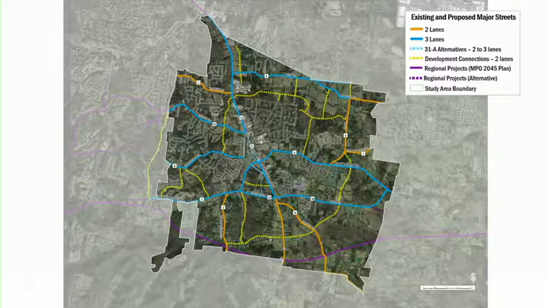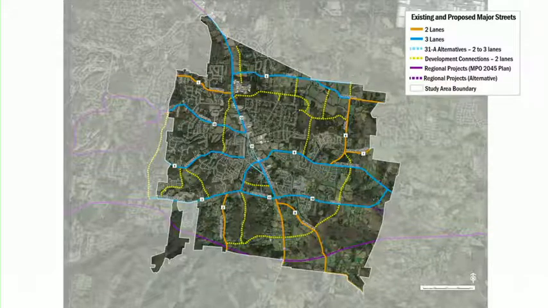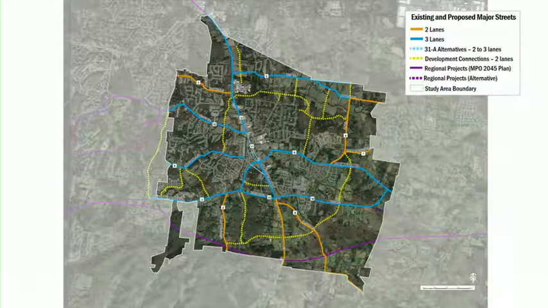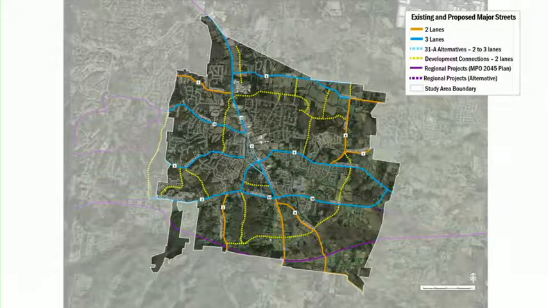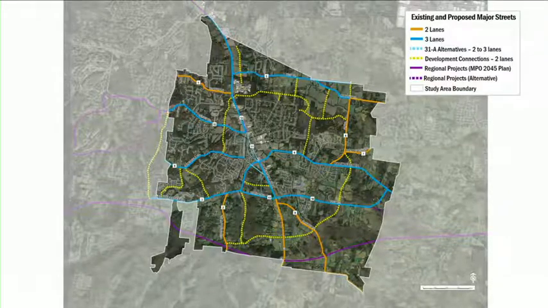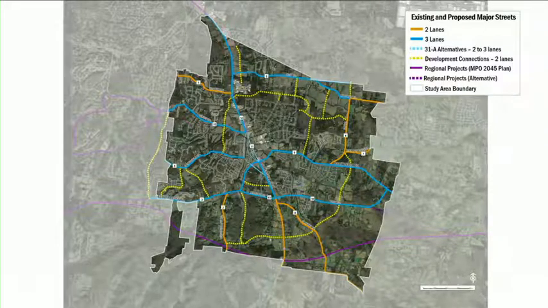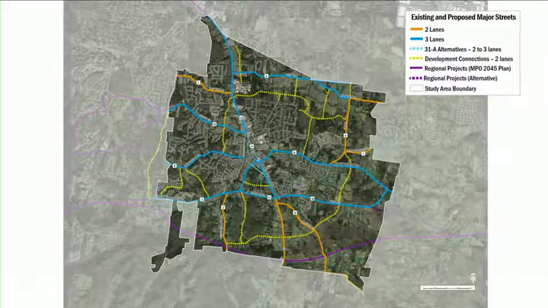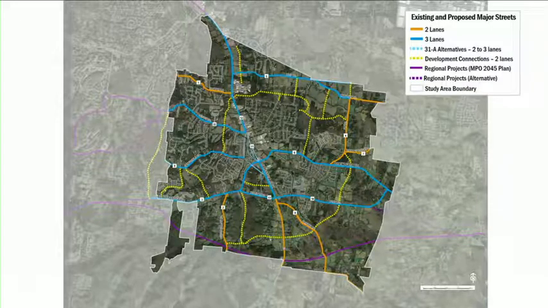In 2019, there was a lot of work done within the town about how you go beyond that and start thinking about the street network, its spacing and its scale. So you start to get these yellow dashed lines in particular, which we're calling development connections, but they would really function as collectors, and they start to build more of a grid for your major street network throughout the town.